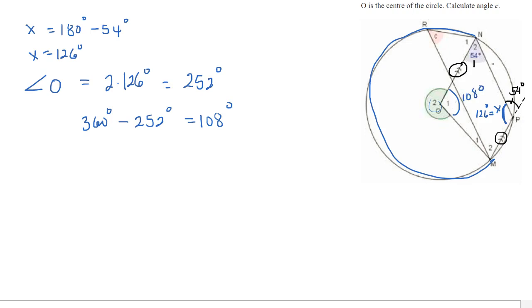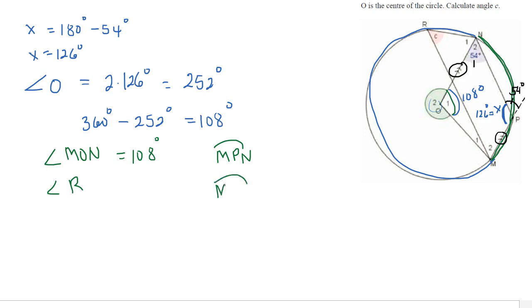Now this angle, the central angle MON, that is 108, has an arc MPN, and also the subtended angle R has the same M and P, they have the same arc.